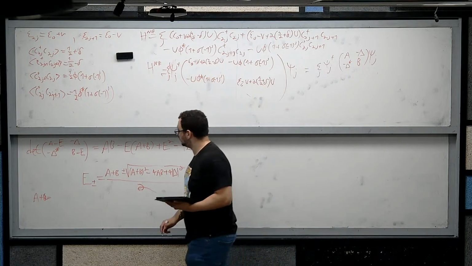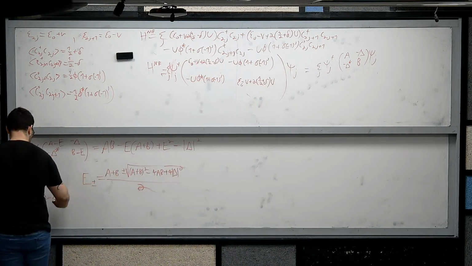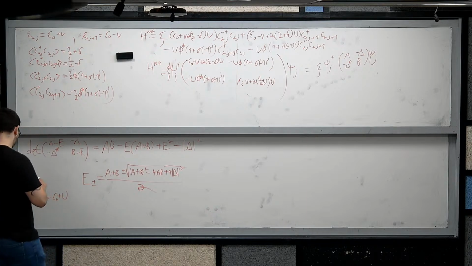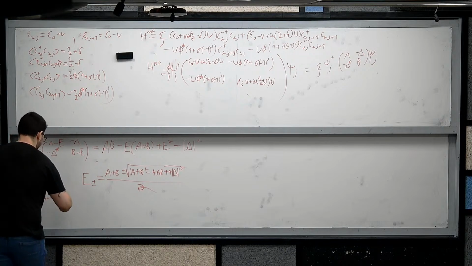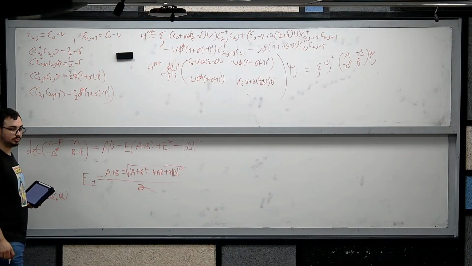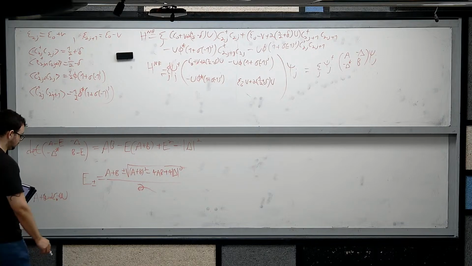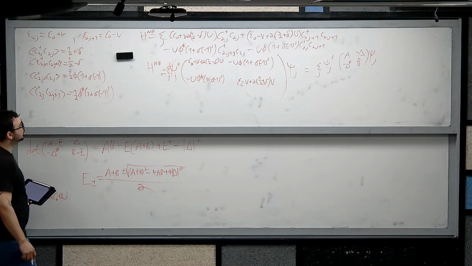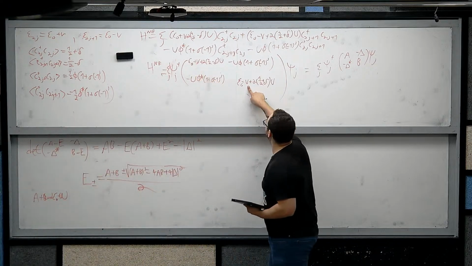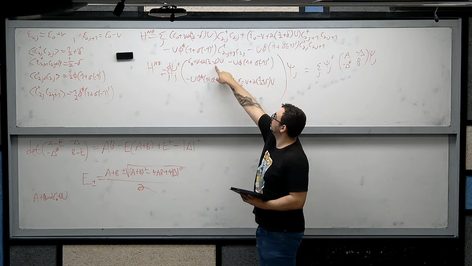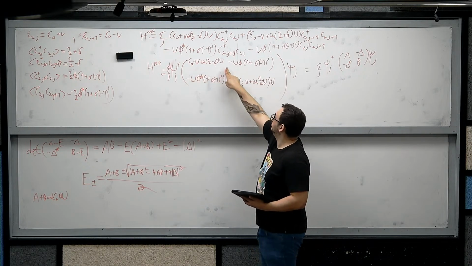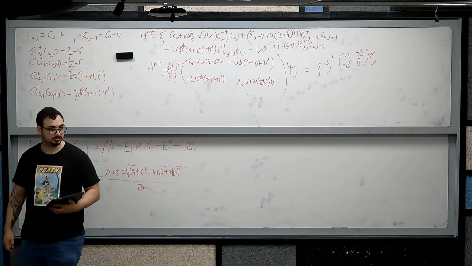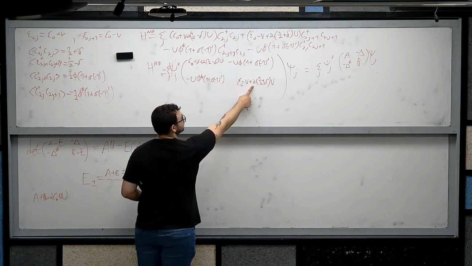So we're left with epsilon 0 plus U, and you also have epsilon 0 plus U. So it's 2 epsilon 0 plus 2U.